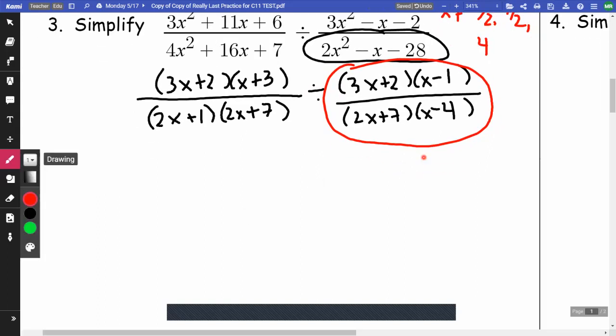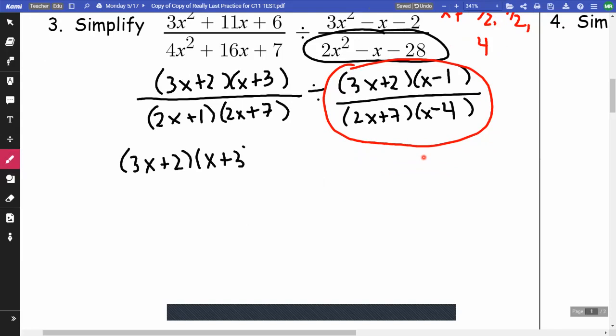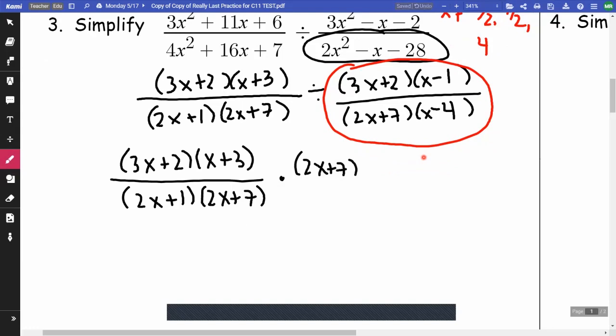So I'm going to end up with 3x plus 2, x plus 3 over 2x plus 1, 2x plus 7 times, and I'm going to flip it, 2x plus 7, x minus 4, and I get a 3x plus 2 and an x minus 1.